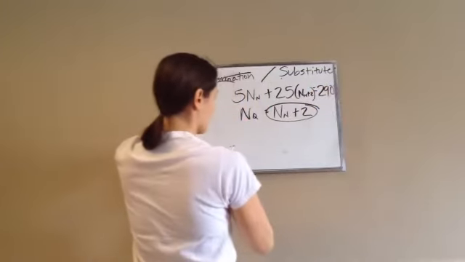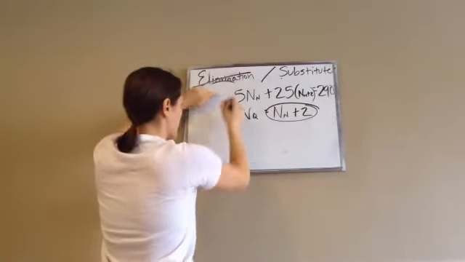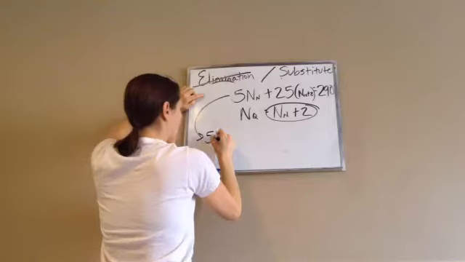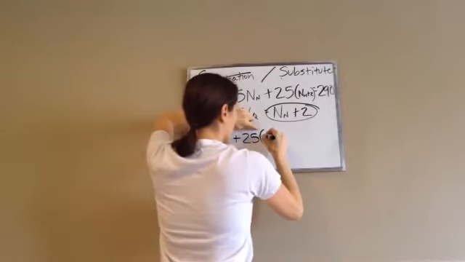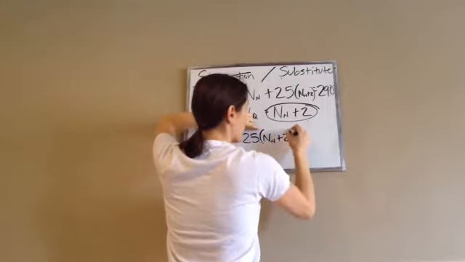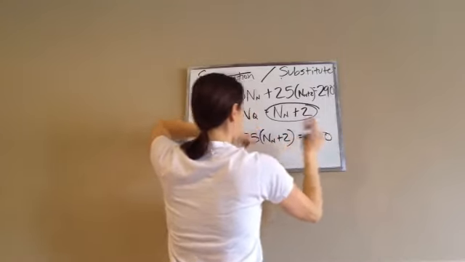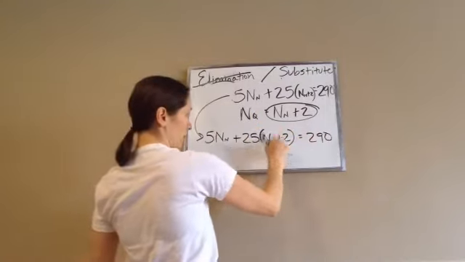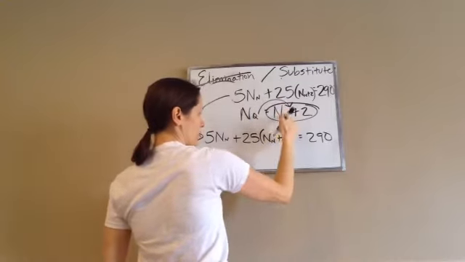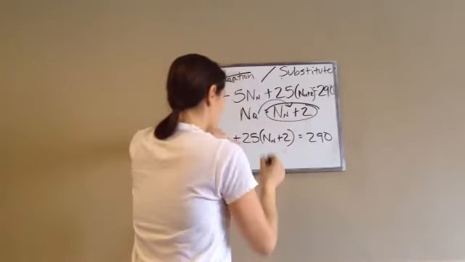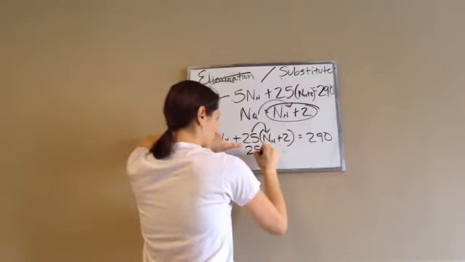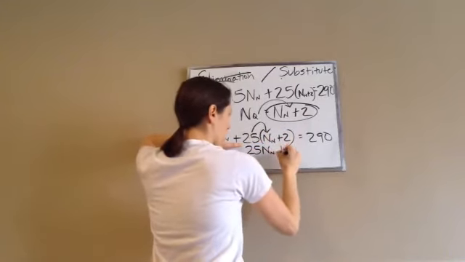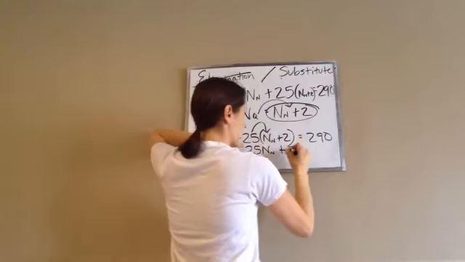See what I'm doing? Yeah. Okay, so now I'm going to pull this down here, and it's going to be 5n plus 25 times n plus 2 equals 290. So all I've done is this had nQ here, but nQ is this, so I'm inserting it in that. Okay, and now I'm going to multiply this part. 25 times n becomes 25n, plus 25 times 2 is 50.